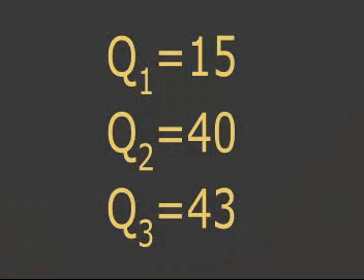Do not include the median into the halves. The lower quartile value is the median of the lower half of the data. The upper quartile value is the median of the upper half of the data.